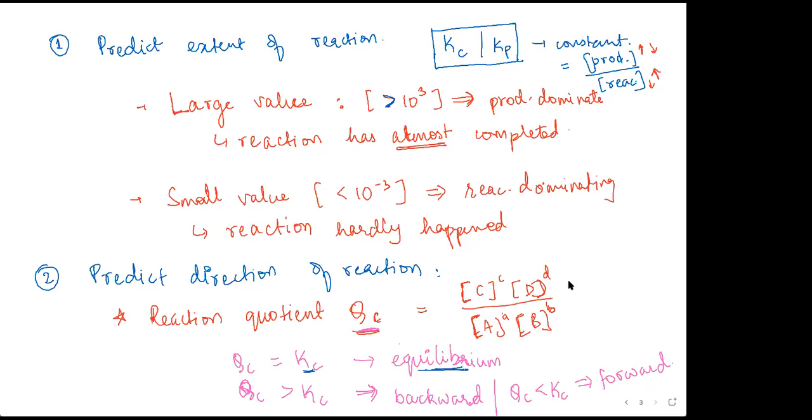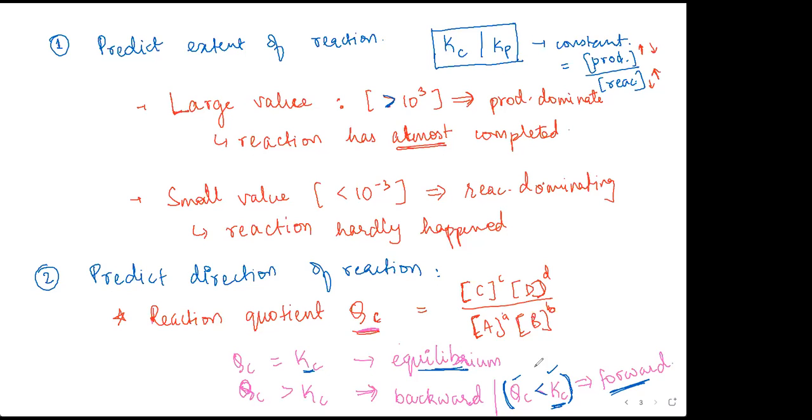That's the main aim of your business. So you keep checking the concentration of the reactants and the products continuously in the reaction vessel. If you want the forward reaction to keep going, all you need to do is ensure that QC is less than Kc. Someone has already found out what Kc is for that particular reaction. All you need to do is keep measuring QC and ensure that the value of QC is less than the value of Kc.